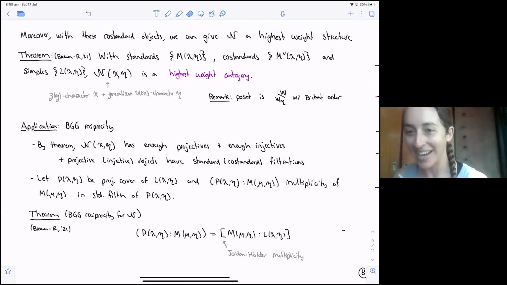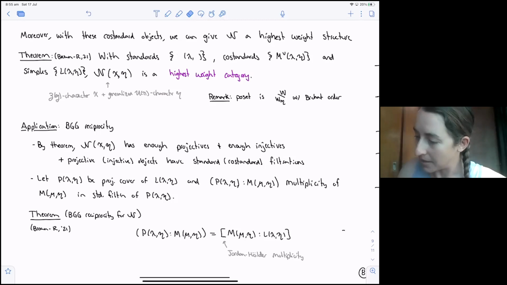So the order in the highest weight category is a Bruhat order on this quotient. There are bits of the structure of the Whittaker category that I've glossed over here, but within one of these blocks, the standard modules here are actually parameterized by longest coset representatives in this quotient. So there are different choices of lambda that will result in an isomorphic standard module.